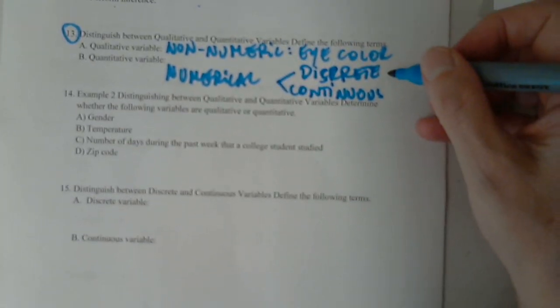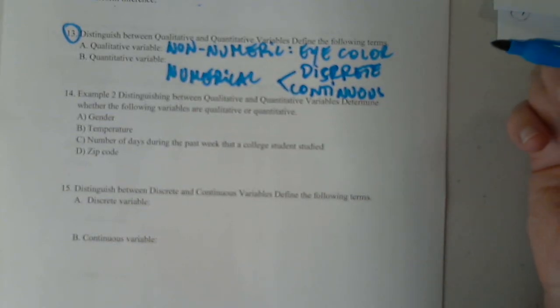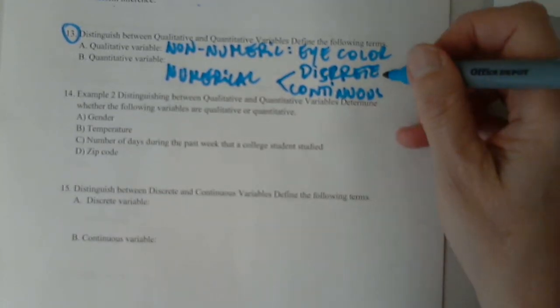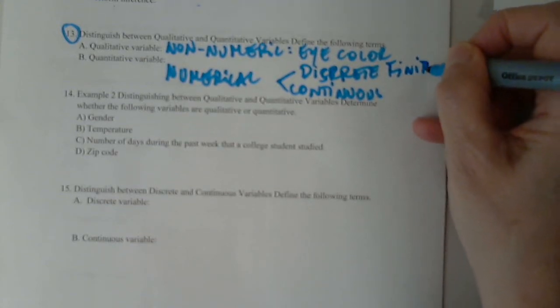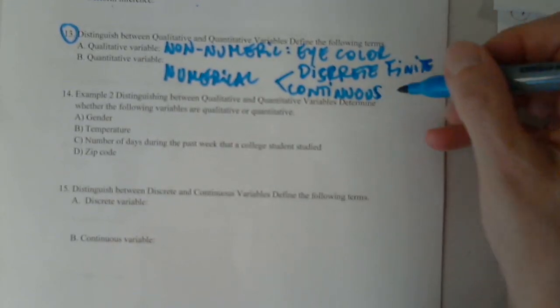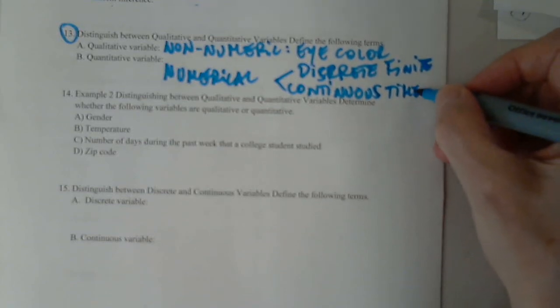The discrete are the ones that are finite: number of children, number of cars a family has, number of homes, number of pencils. Discrete, finite. Continuous: time, weight.